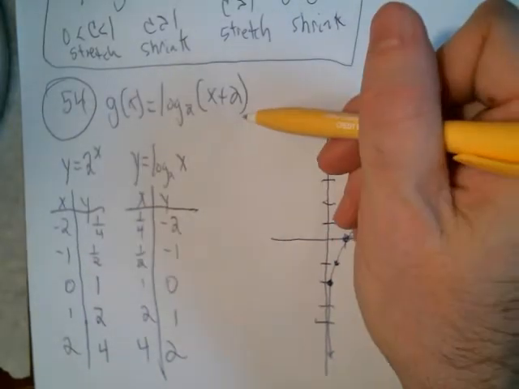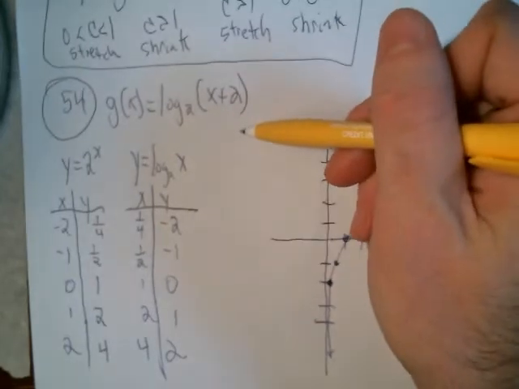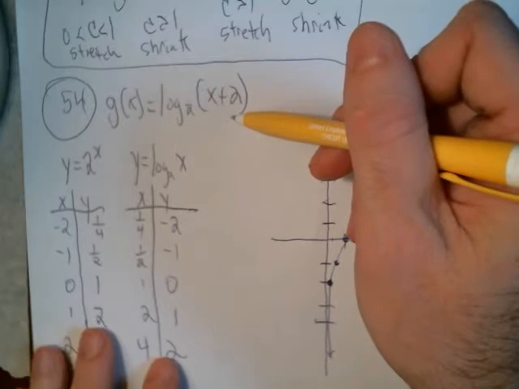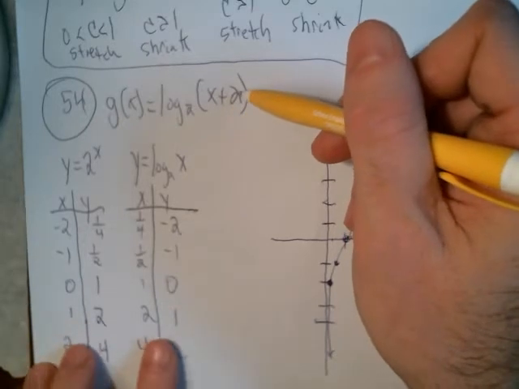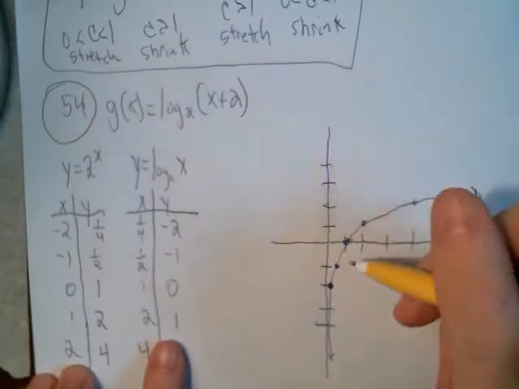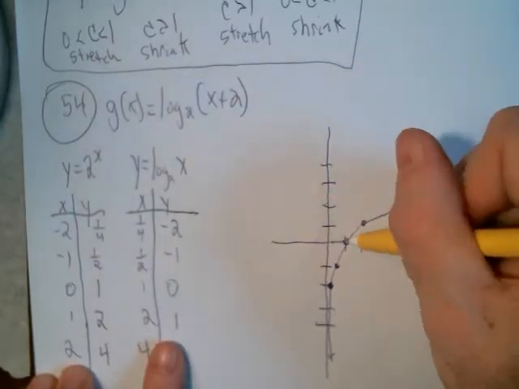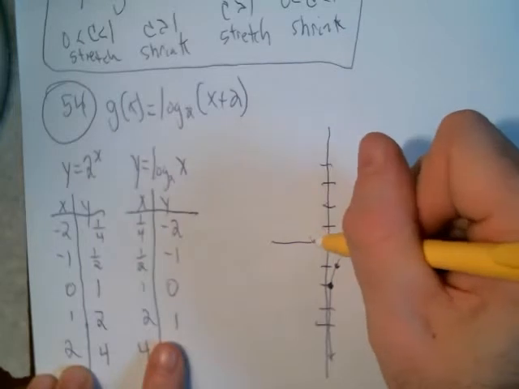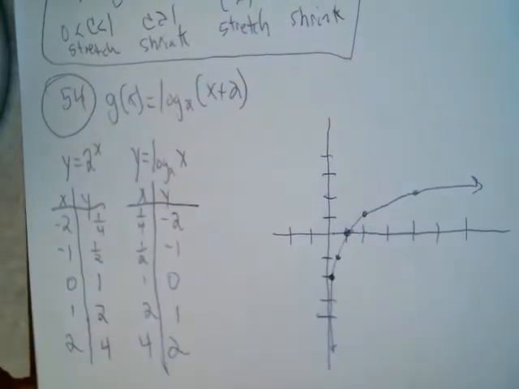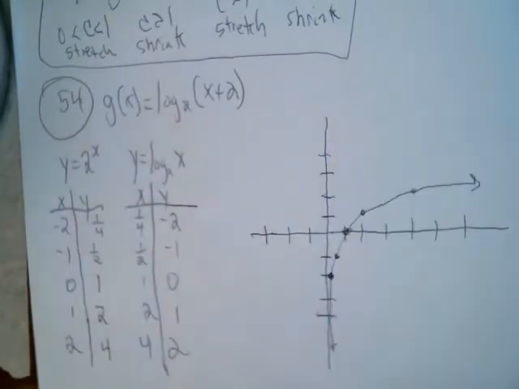Then I want to draw the shifted version, manipulating the insides. That means it's a horizontal shift, and we're going x plus 2, so we're going to the left. So each of these coordinates is going to go over 2 points. I'll put this one in pink. Actually going to need a little bit more room there.